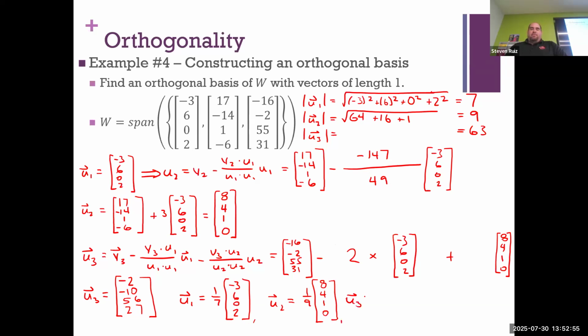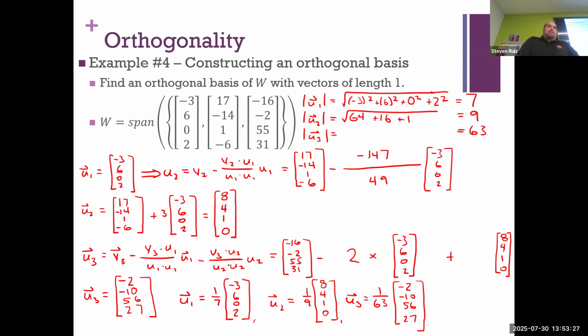And then U3 is equal to a 63rd of (-2, -10, 56, 27). So now we have an orthogonal basis that has another property. All the vectors are exactly 1 unit long. They're called unit vectors.